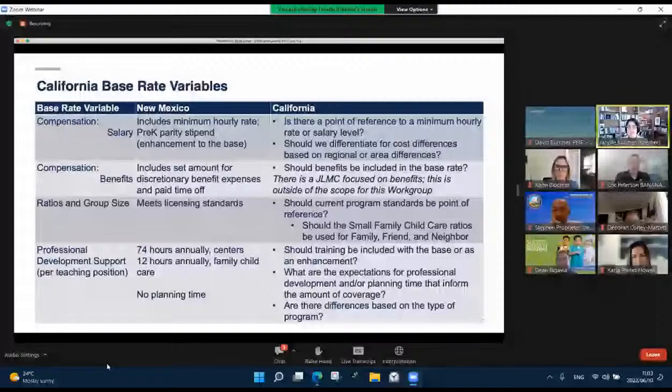Just a question to this group: what type of position should be included in the base rate for California? Are there differences based on setting, and that includes size or type of program, that should be accounted for? So anyone want to kick us off with a comment about this?